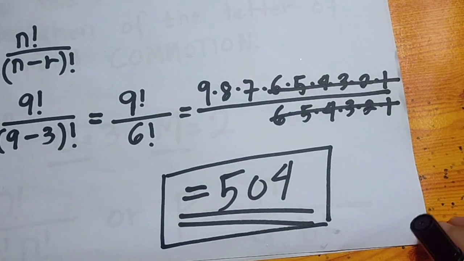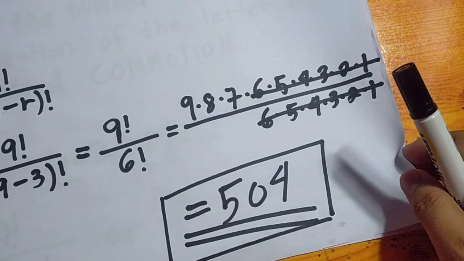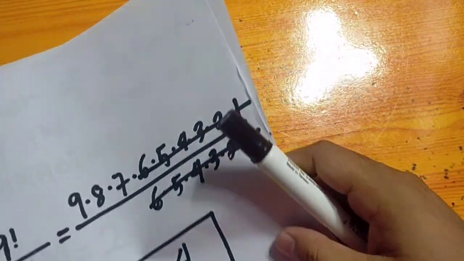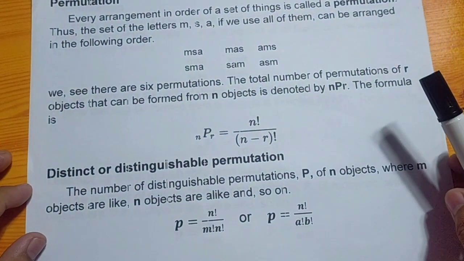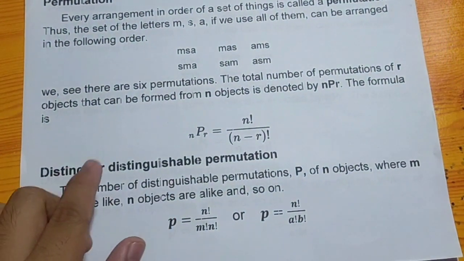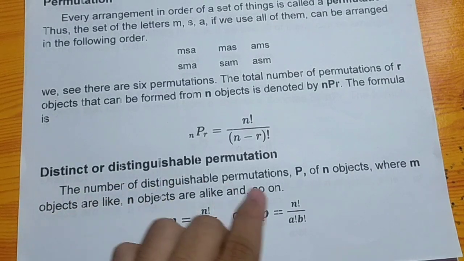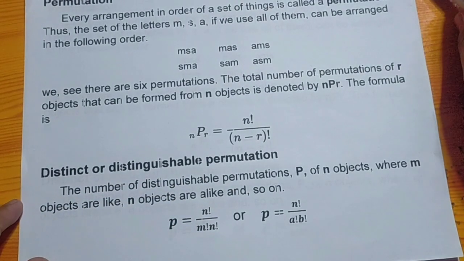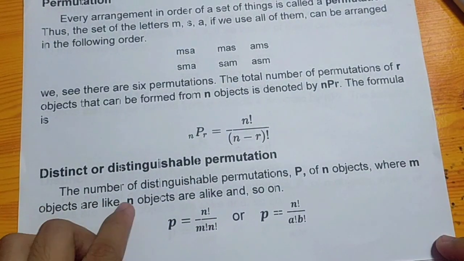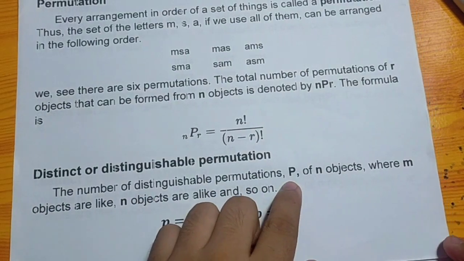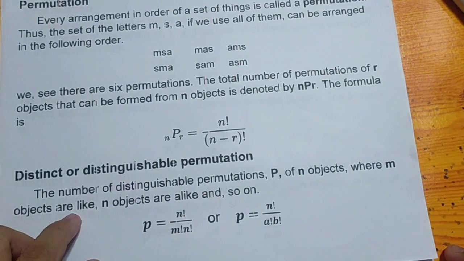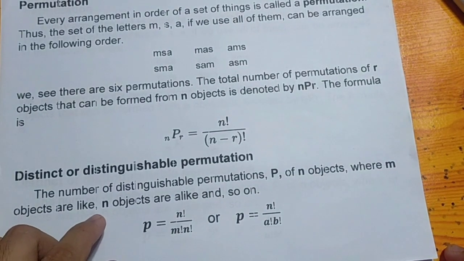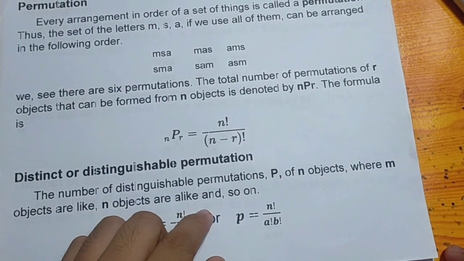So, let's proceed to the next type of permutation, the distinct or distinguishable permutation. So, the number of distinguishable permutations P of n objects where m objects are alike, n objects are alike, and so on.